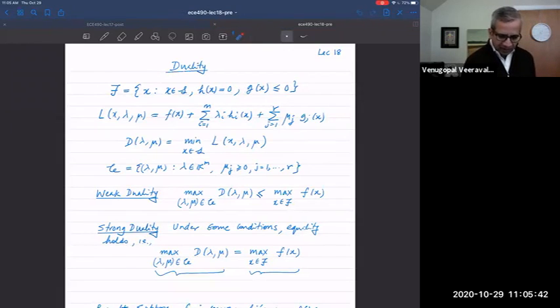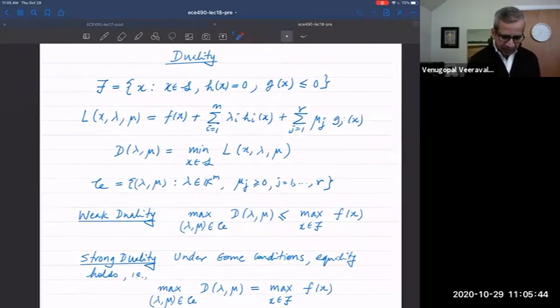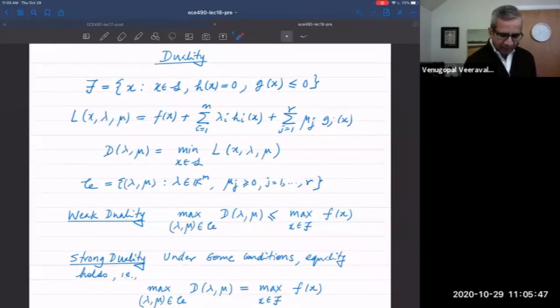So that leads us to this. Again, I remind you that the F here is the feasibility set. So x satisfies the equality and inequality constraints. And we write the inequality constraints compactly. We talked about this before. This could be multiple functions, so all the g_j being less than or equal to 0 is written compactly like this. All the h_i being equal to 0 is written compactly like this.